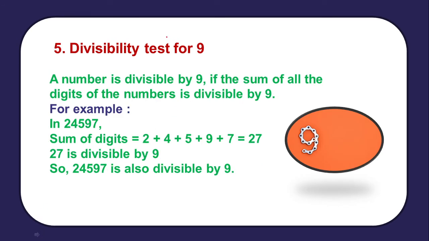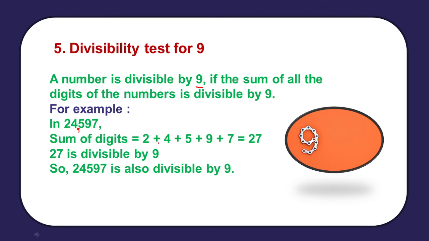Then let's check the divisibility test for 9. A number is divisible by 9 if the sum of all the digits of the number is divisible by 9. This we have seen for 3 also. Whatever digits are given, you have to add them. Now here we have a number 24,597.